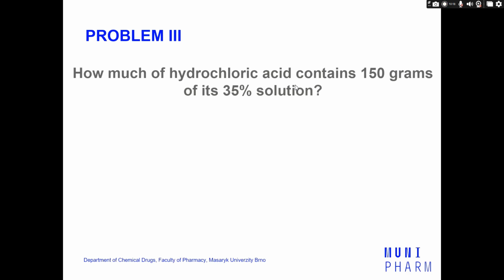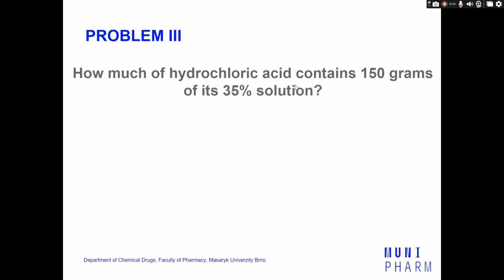This is quite important for us because hydrochloric acid as a 35% solution is actually a concentrated solution of this acid, and it is the one we use in practice in the laboratories. So for any experiment, this solution is actually our starting point.